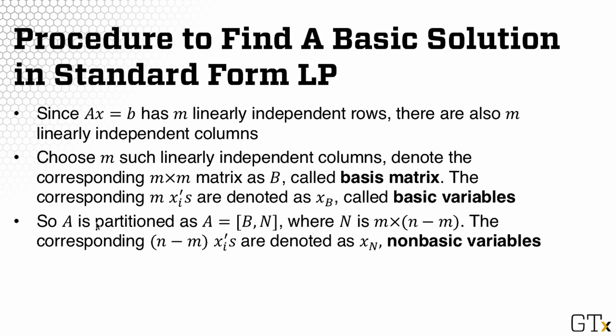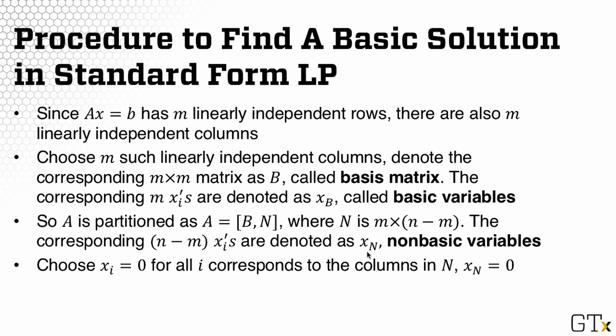In this way, A is partitioned into two submatrices, B and N. B has m columns, and N has n minus m columns, because A in total has n columns. The corresponding xi's of the columns of N are called non-basic variables. These are the rest of x outside of xB, and we denote it as xN.